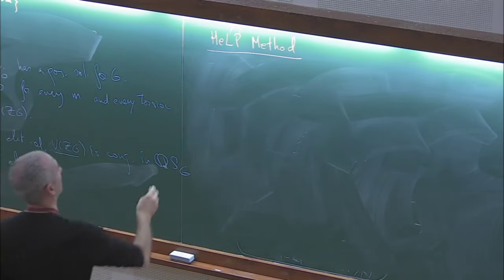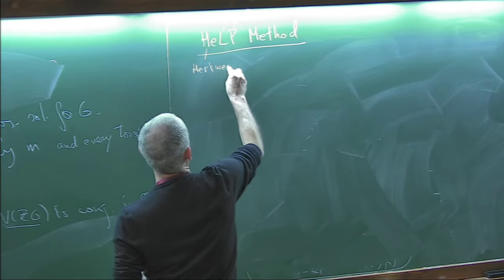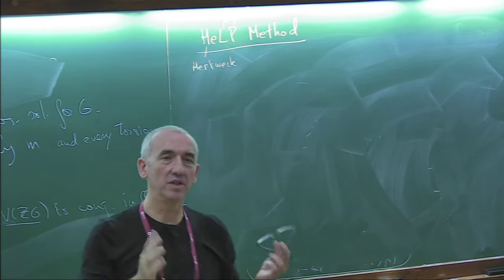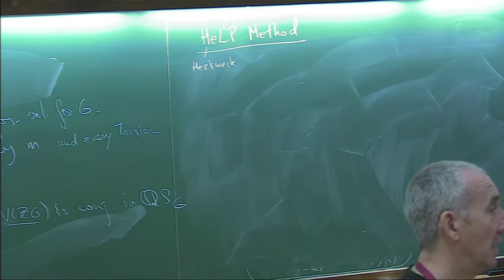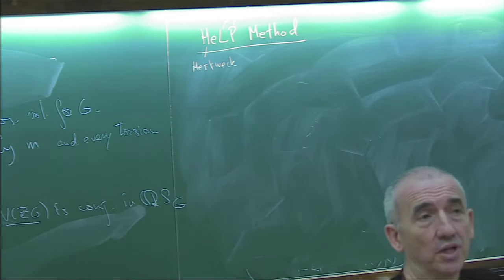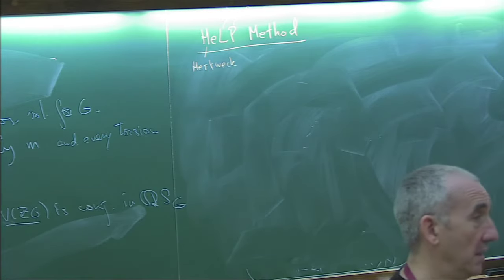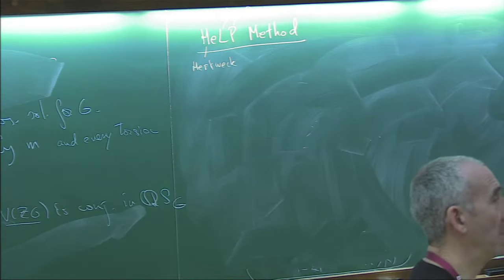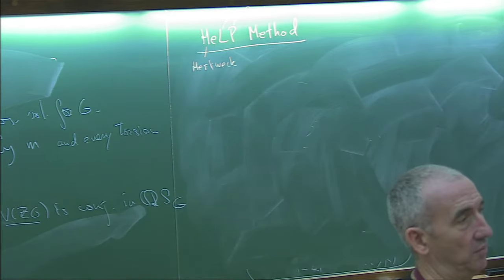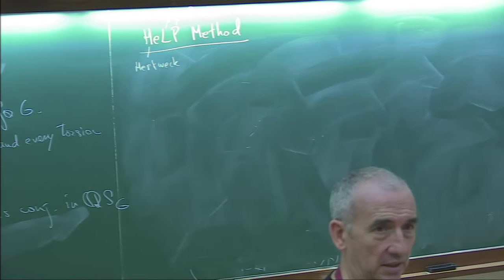Luthar and Passi used ordinary characters, and Hertweck proved that you can also use Brauer characters, and then the method with the Brauer characters plus ordinary characters was more powerful than if you only use ordinary characters.